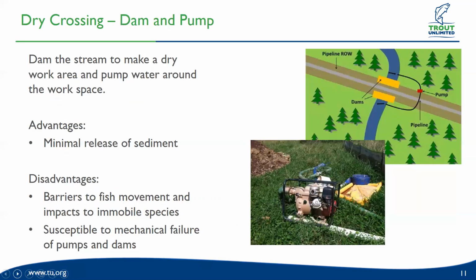Another dry crossing method is the dam and pump, and that's when the stream is dammed to make a dry work area and the water is diverted around the workspace.